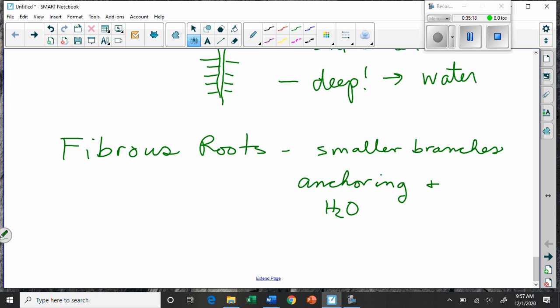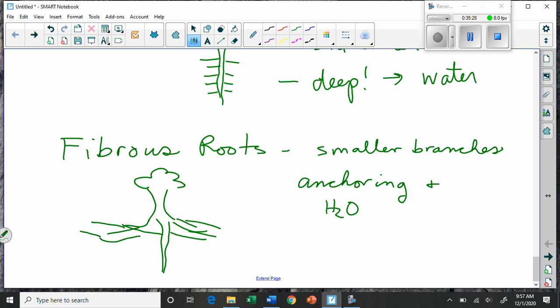So if you go back to our tree example, you have your main taproot that comes down, and then you have all these other roots that branch off and go out like this. The roots of a tree will extend many, many meters under the ground. And of course, that's part of the support system, because when the wind blows and the tree is pushed to one side, there's a tremendous amount of force pushing on the tree.